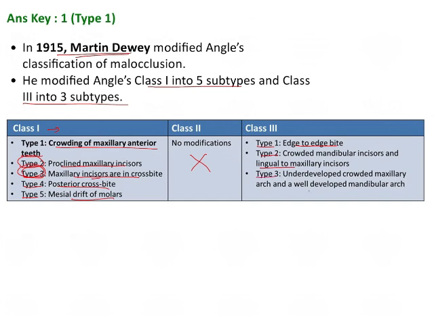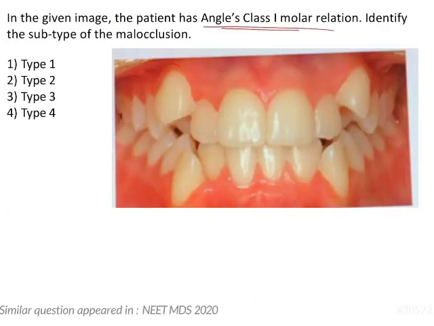Whereas in type 3, there is a crossbite, because there is an underdeveloped maxilla and a well-developed mandible. This results in maxillary incisors which are crowded, and because of the well-developed mandibular arch, they show a crossbite relationship.